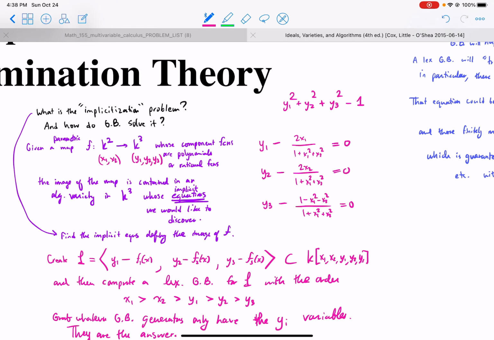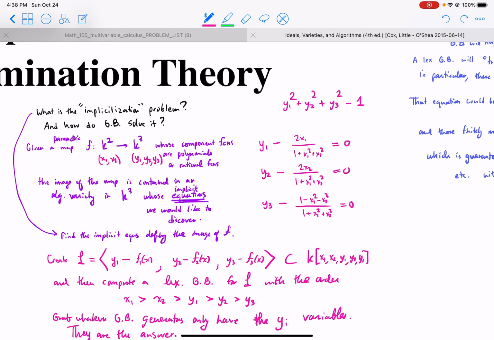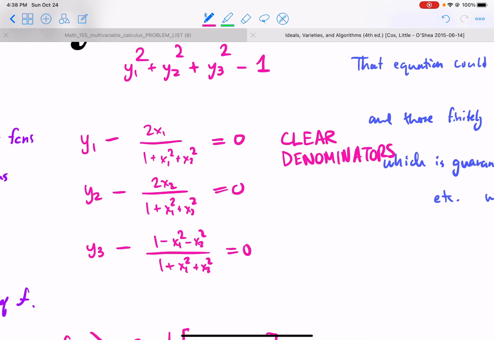And now I would like to say generate the ideal by these three polynomials, but they aren't polynomials yet. So the best trick is the trick called clear denominators. You'd be amazed how often the solution to some problem is to clear denominators, even in advanced math. So if I clear denominators here, what do I get?